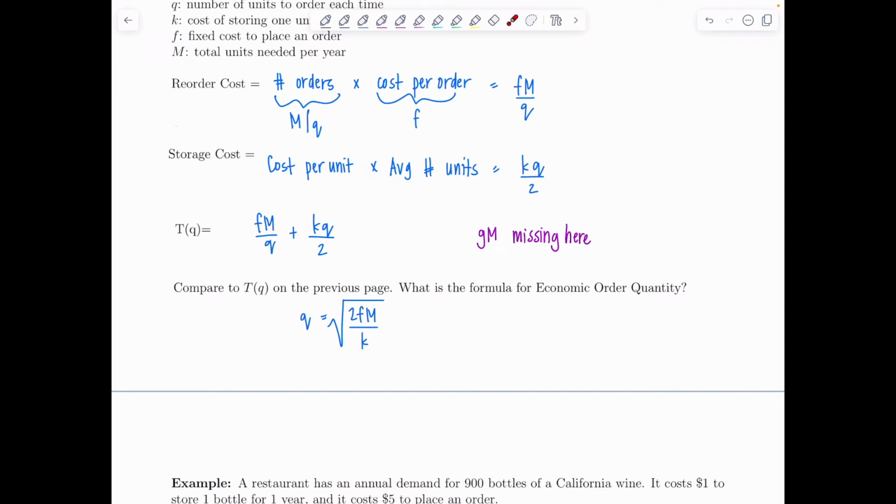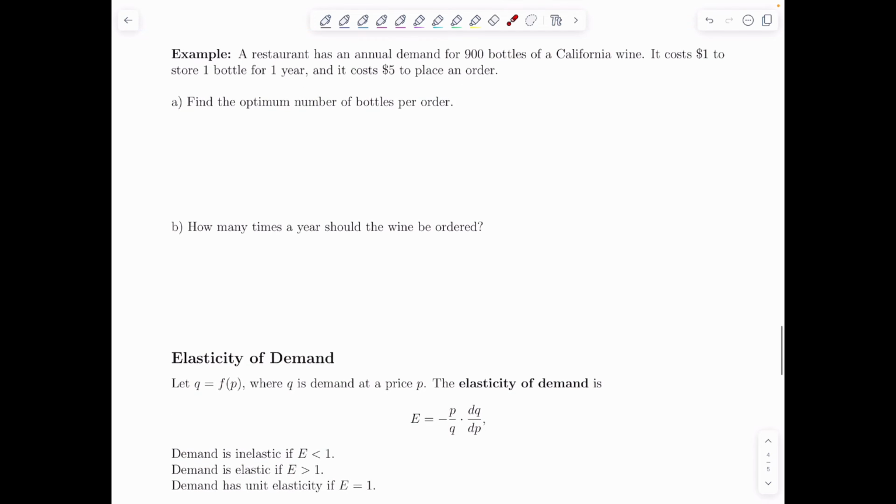But if you go through the process of finding critical numbers, when you take T prime of Q, GM was just a constant, so the derivative was 0. So the rest of the process would play out exactly the same way, and we would end up with the same critical number for Q. The process would be identical. So I'm not going to redo it. We can just go ahead now, use the same formula for both scenarios, and look at an example here.